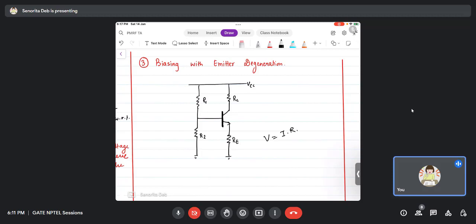So you remember that in the beginning of the class we wrote 2 points: that we have to reduce VBE variation and we have to reduce beta variation, right? Because beta will vary IC. Now you see that because of the R2 or R1 variation, what was varying is VBE, right?